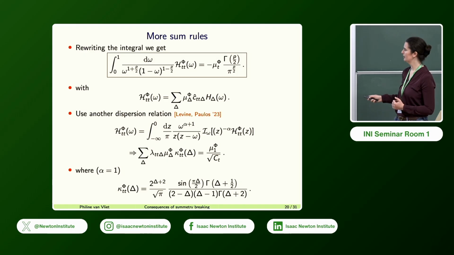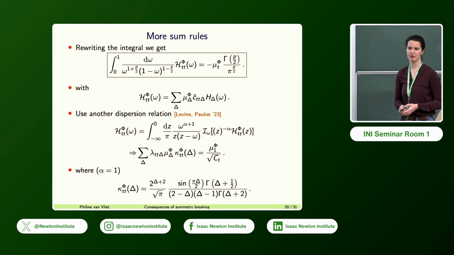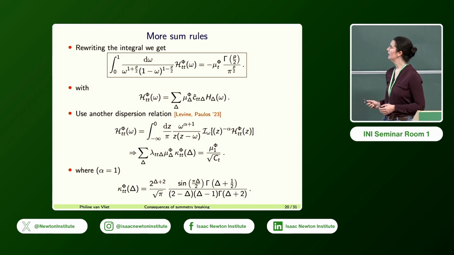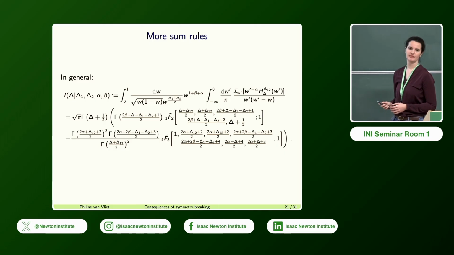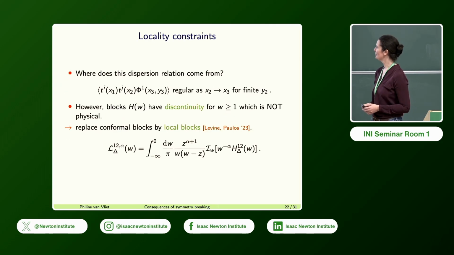This pole is fake, so there's actually going to be a contribution for delta equals 2. But 4, 6, 8 are all 0. Then if we push to higher alpha, dimension 4 also starts to contribute, etc. We can do this in general. I just wanted to show off a little bit, but let's go further.